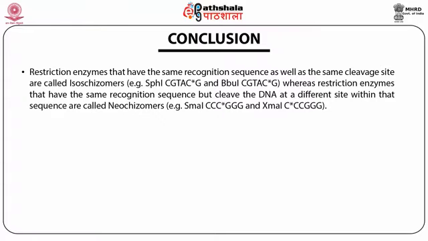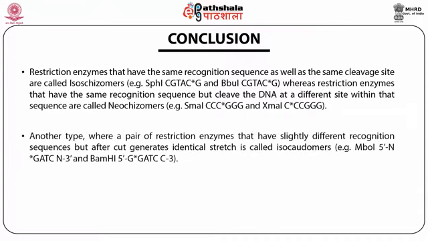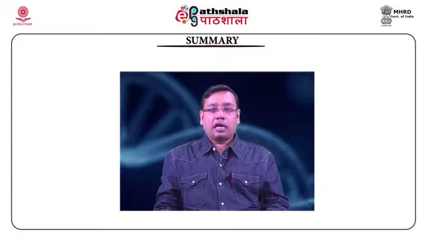Restriction enzymes that have the same recognition sequence but cleave the DNA at a different site within that sequence are called neoschizomers. And another type, where a pair of restriction enzymes have slightly different recognition sequences but after cutting generate identical sticky ends, is called isocaudomers.